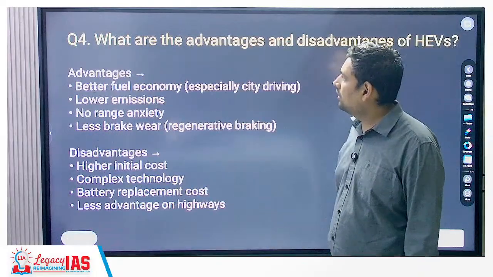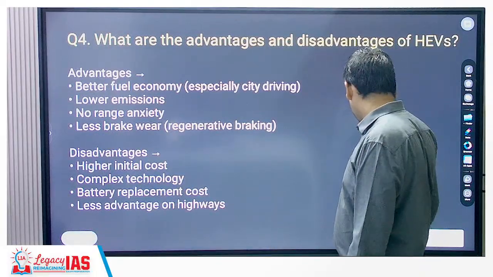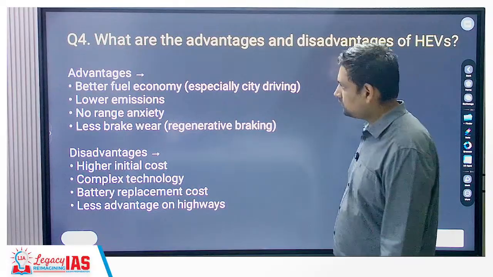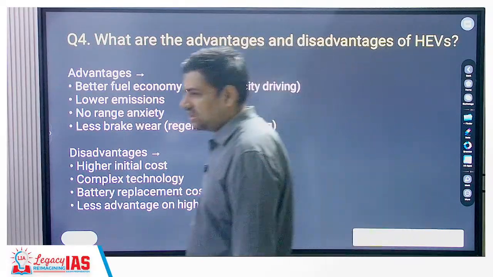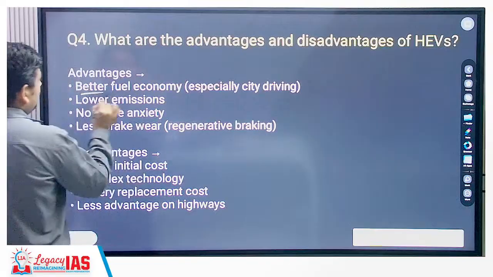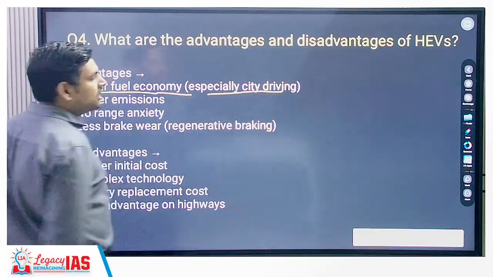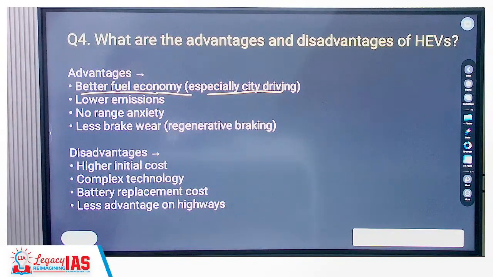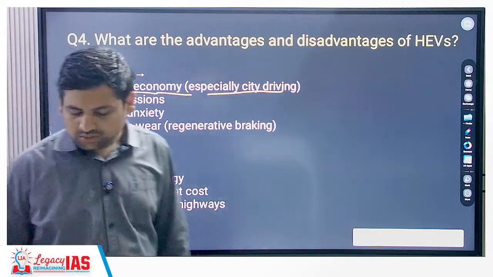Then what are the advantages and disadvantages? So advantages, what is the advantage? Better fuel economy, especially city driving. Why? Because in the cities it will be using the electric motor.